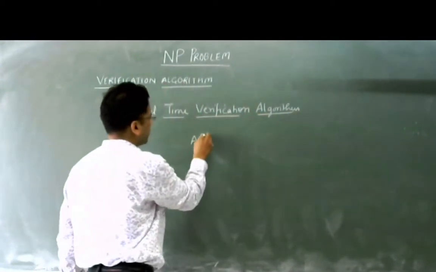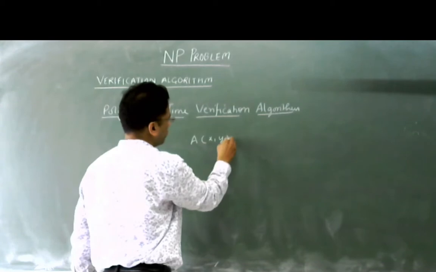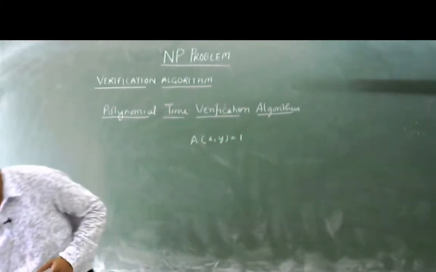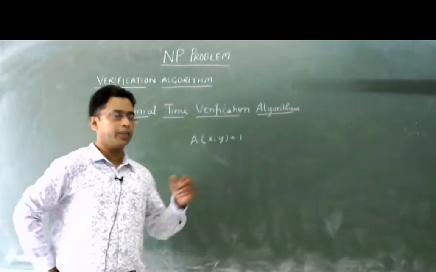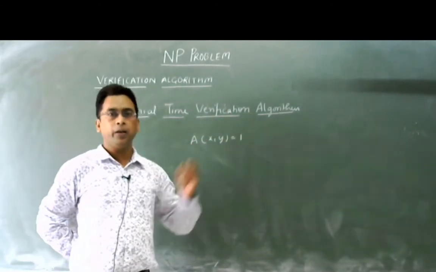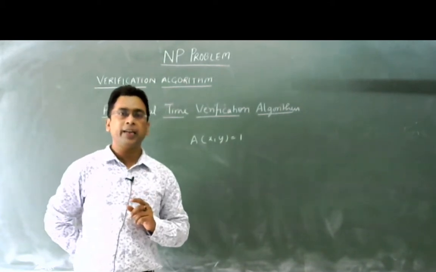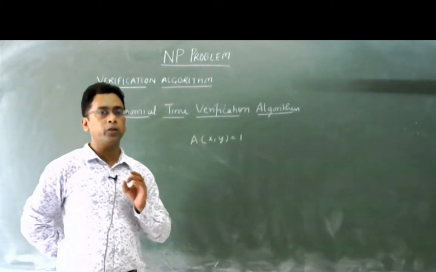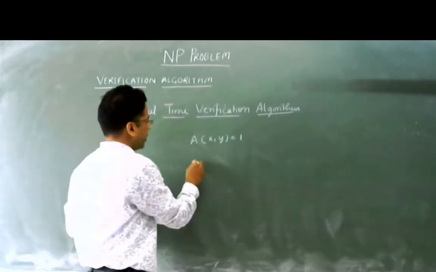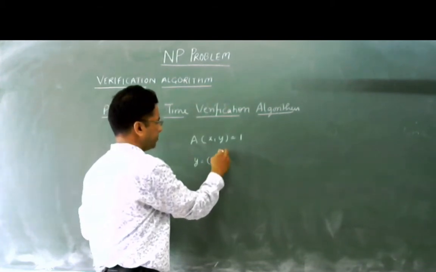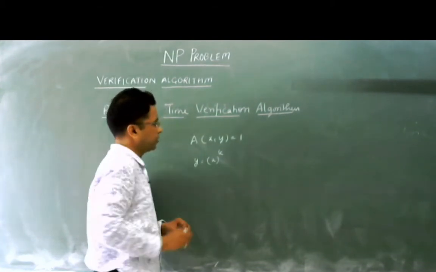Again, the situation will be the same: A of X, Y is equal to 1. But here this verification will do the same as a normal verification algorithm, with a condition that it should verify the input within a polynomial of x, meaning Y is x raised to the power of some k.